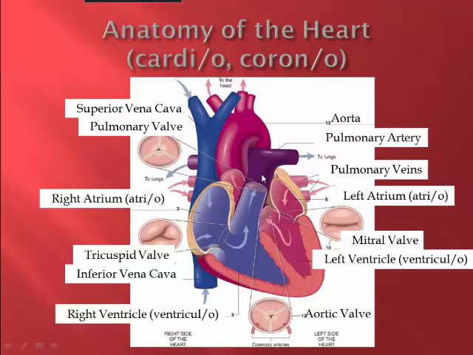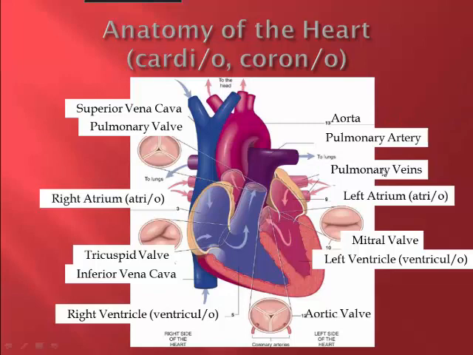The pulmonary artery and the pulmonary vein are a little bit different than other arteries and veins in the body. Normally, arteries going away from the heart are freshly oxygenated, but the pulmonary artery is the exception because it is going to the lungs, so it doesn't have a lot of oxygen. It's actually bringing that deoxygenated heavy CO2 content blood to the lungs, where it can get rid of the CO2 and pick up fresh oxygen.